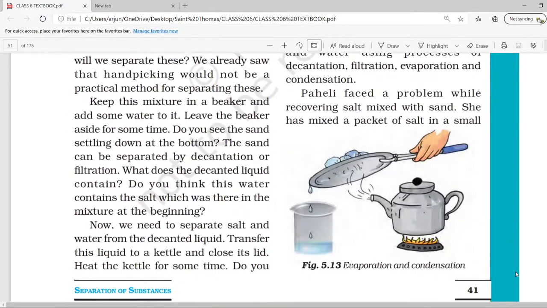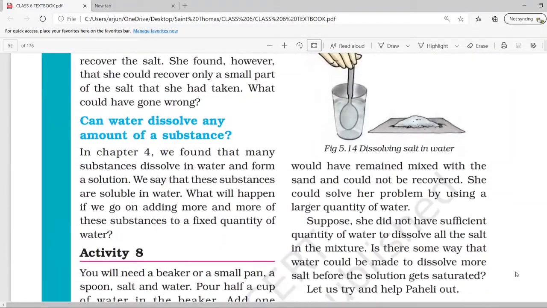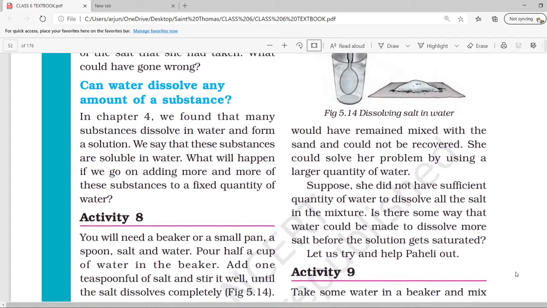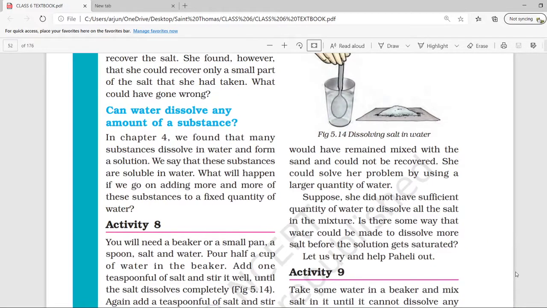Now, moving towards the question which we left in the previous lecture: if we go on adding more and more of this substance to a fixed quantity of water, what will happen? That answer we will get from activity number 8.